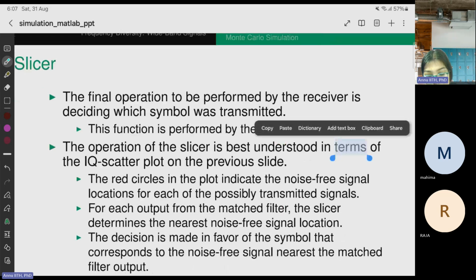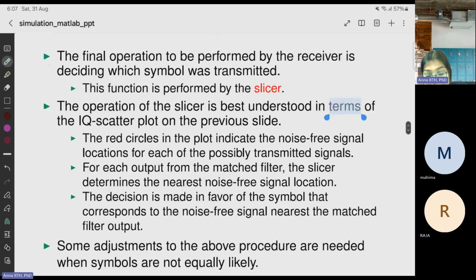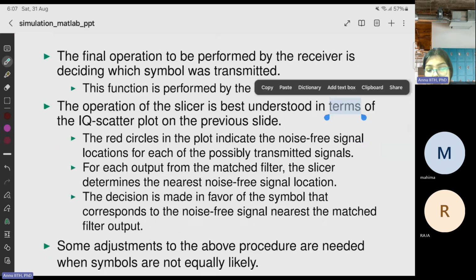These are the red symbols. For each output from the matched filter, the slicer determines the nearest noise-free signal location. Anyway, we want to know what signal was transmitted, and that's what we are doing.